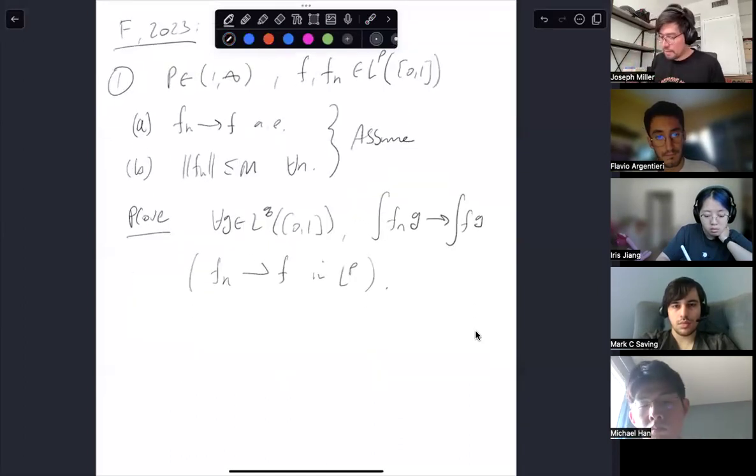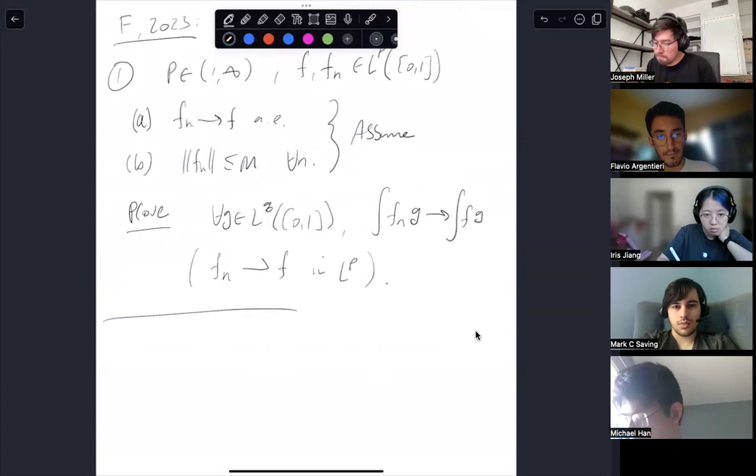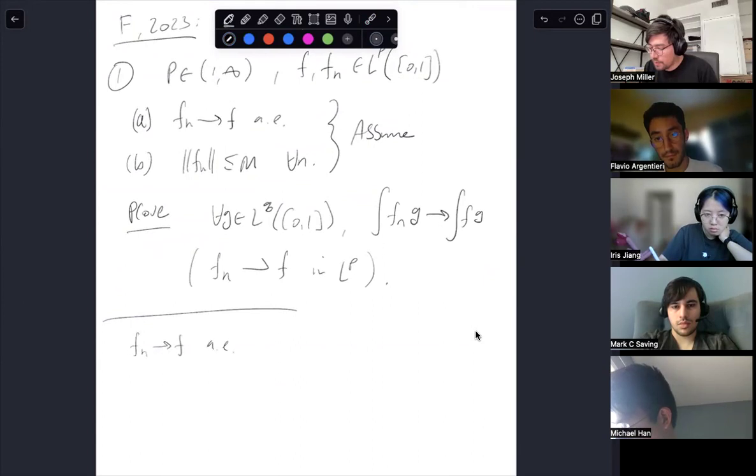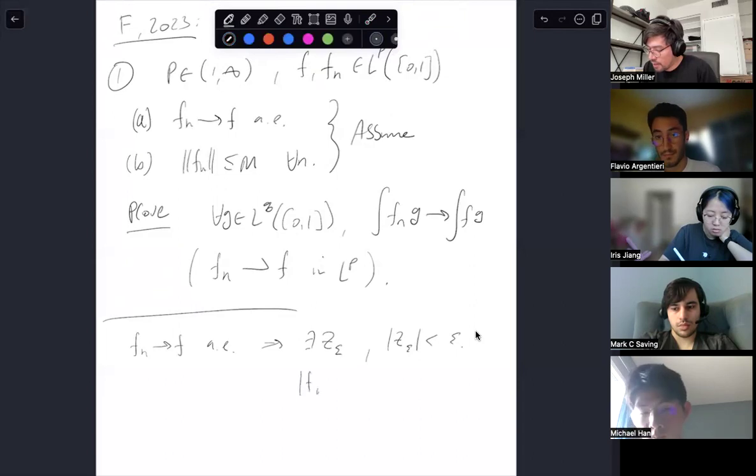Okay, so the way we do this is the following. First, fn converges to f almost everywhere implies that there exists some small measure set Z epsilon, with measure less than epsilon, and the absolute value of fn minus f is less than eta on the complement of Z epsilon.